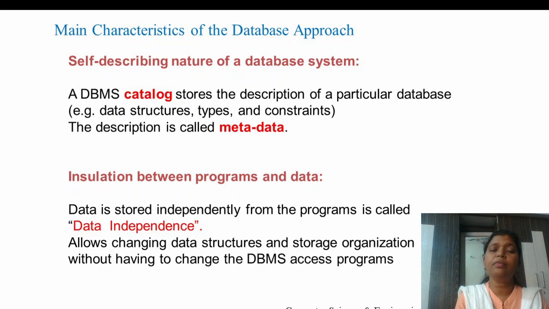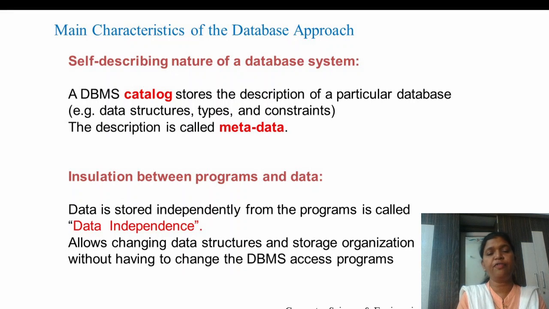Next comes the insulation between the program and data. So here comes a very beautiful feature of database. What is that beautiful feature? See here, I am going to keep the program and the data separately. So if I change the data, nothing will happen to my program. If I change the program, nothing will happen to my data. So this itself will make our database data independent, in the sense that the data is stored independently from the programs.